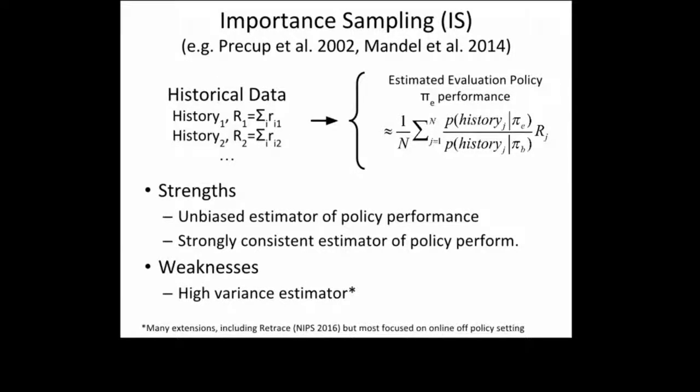In fact, there's been a lot of work on trying to couple together importance sampling style approaches with other methods to reduce the variance of these estimators, including some recent nice work from Remy Munoz and his colleagues called Retrace. But these have really been focused on the online setting, sometimes directly for policy search, other times in the model-free case, rather than thinking about how to do this in the offline case where we're limited by the data that we currently have access to.